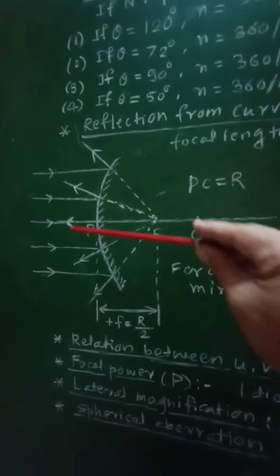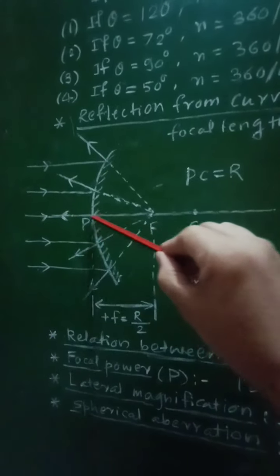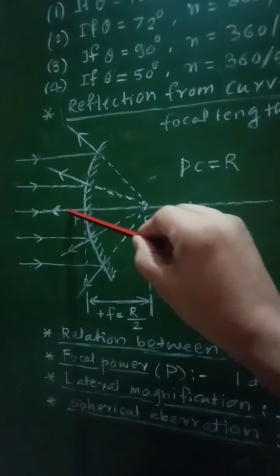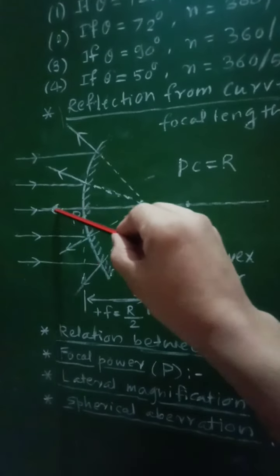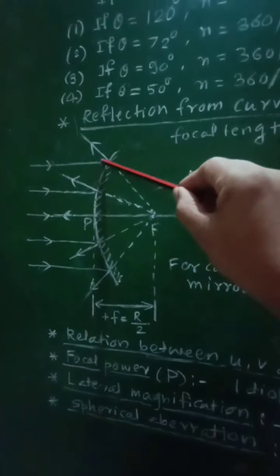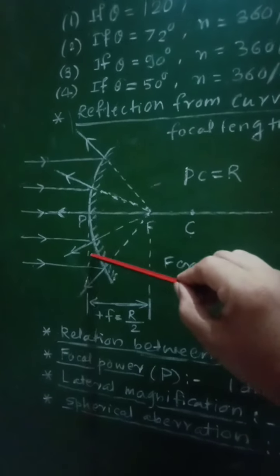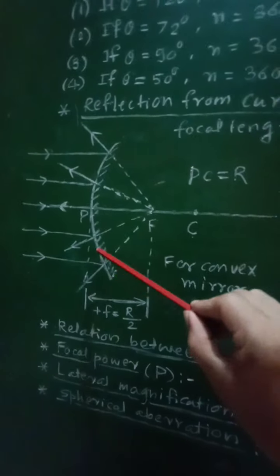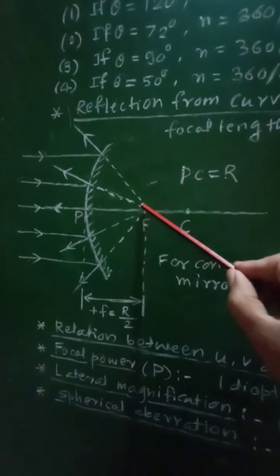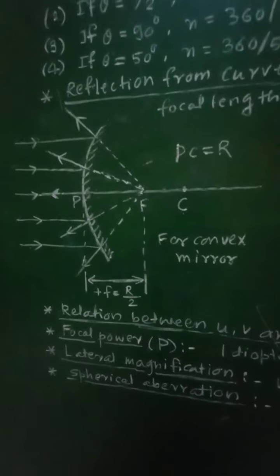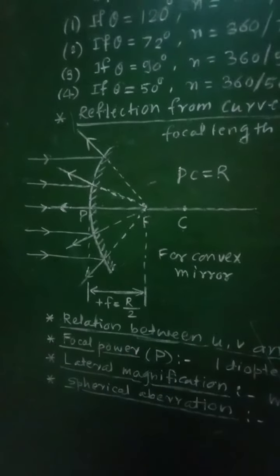At that time, the ray of light which is incident on the pole will be reversed and get reflected along the same line, and other rays are diverging from each other after reflection. Therefore the image will be formed here at this F, that is the focus of that mirror.